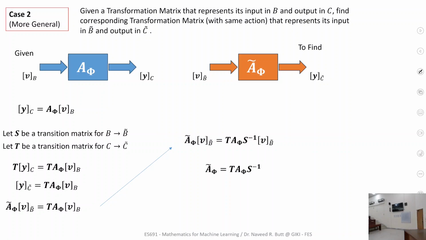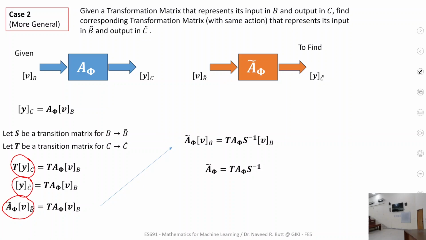So I multiply both sides by t, find t by c, t here. This becomes t is c to c tilde. So yes, c to c tilde, but this should be a tilde v b tilde, which is t a phi v b, and left hand side.